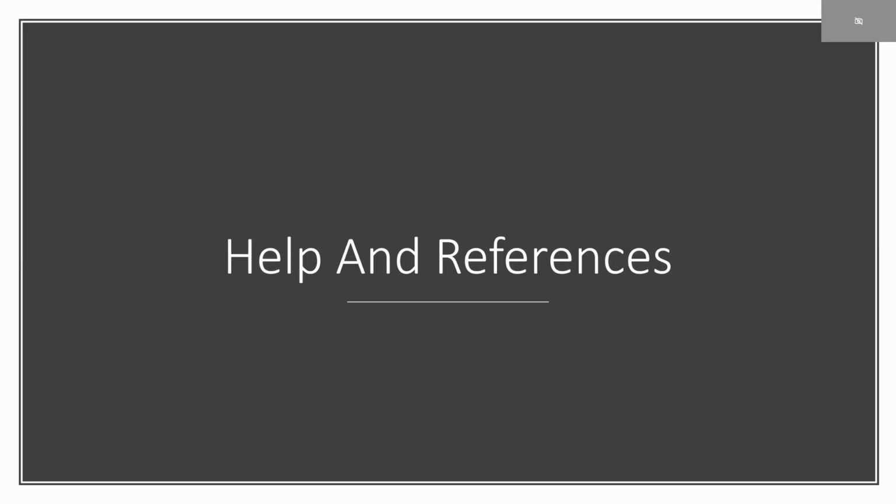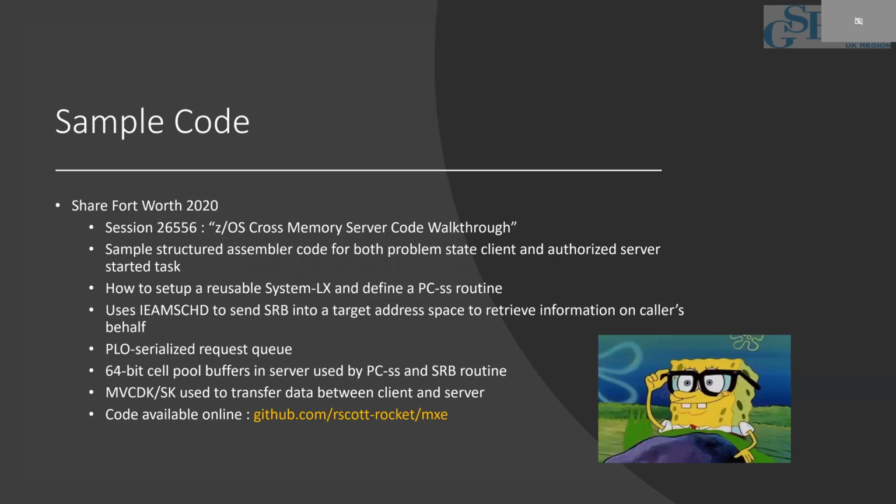So here's some help and references for you. I did a session back in SHARE in 2020 called the z/OS cross-memory server code walkthrough. That was some sample structured assembler code for both a problem state client and an authorized server started task. I did this because I realized that there was no really good example out there.